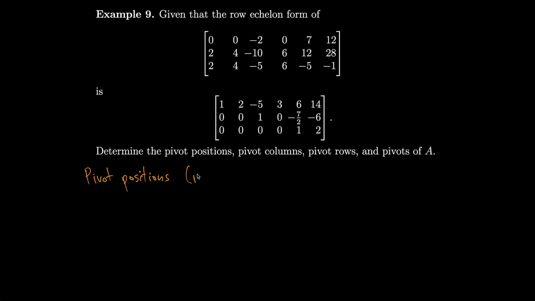We're going to have row 1, column 1, that's where our leading 1 is. We'll have row 2, and then it looks like it's in column number 3. And our next leading 1 is in column number 5 for row 3.